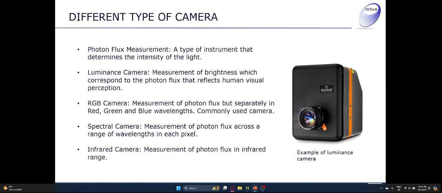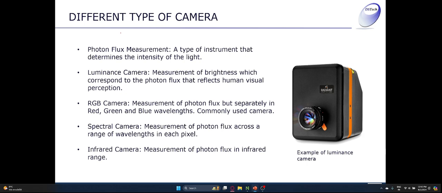Slides, yeah. So in fact, when you talk about cameras, there are also a lot of different kinds. Typically when you talk about a camera, you are actually talking about a device which can capture photons, and technically, a lux meter is considered a camera because it also captures light.